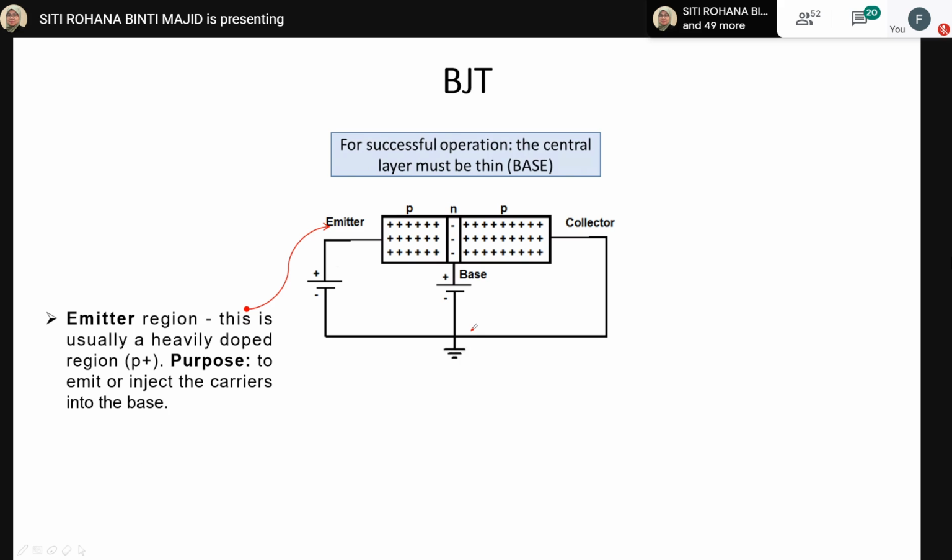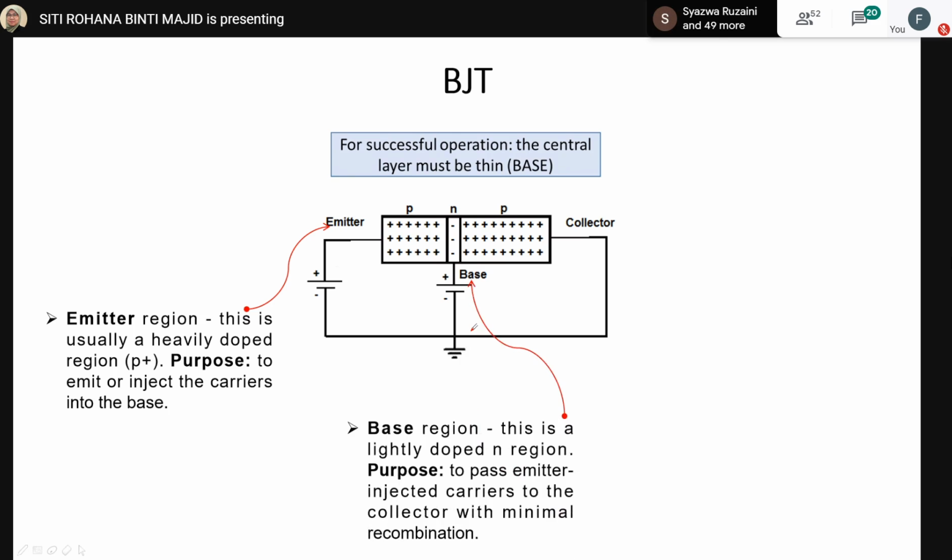What is the purpose of the emitter? From the word, it wants to emit, so it will inject carriers into the thin base layer. We need the base to be very thin, so this N region should be very lightly doped.